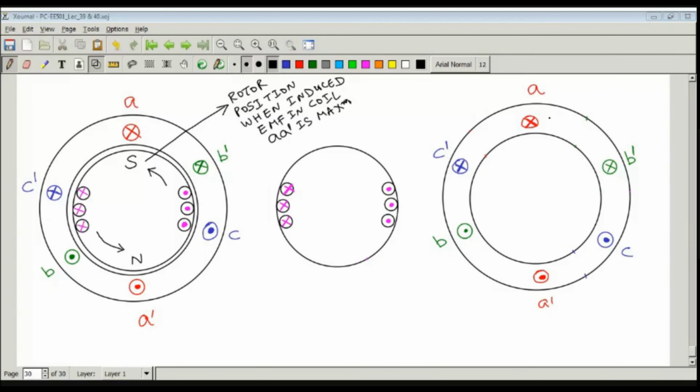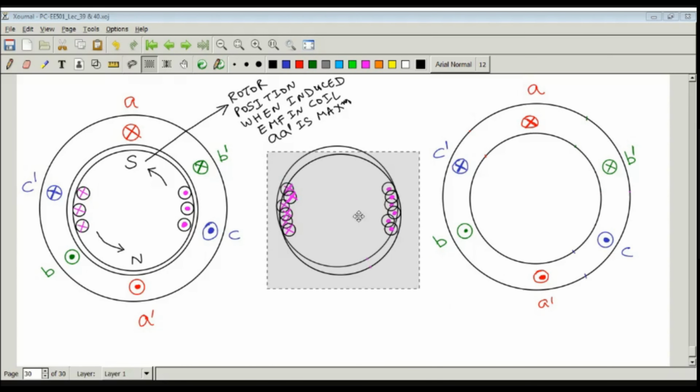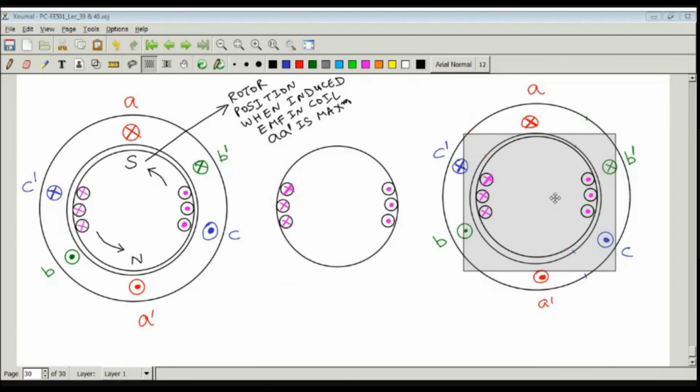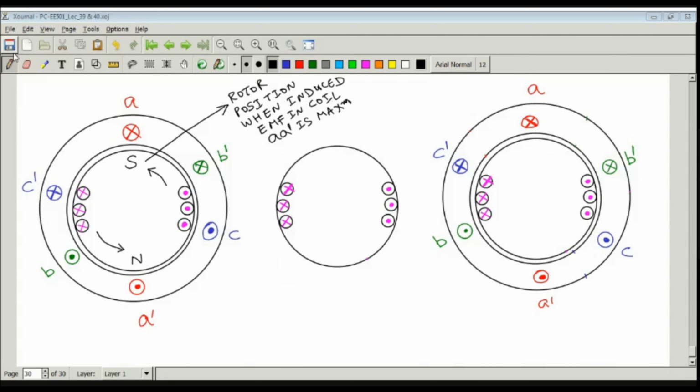Now I will copy this. So this is the rotor position when the current in coil AA dash is maximum.